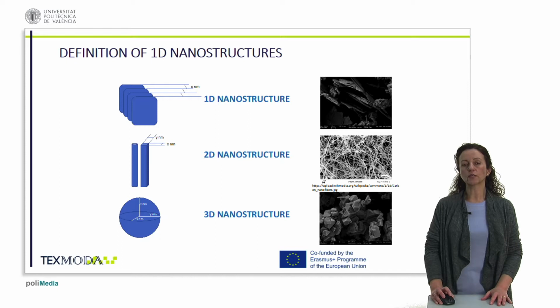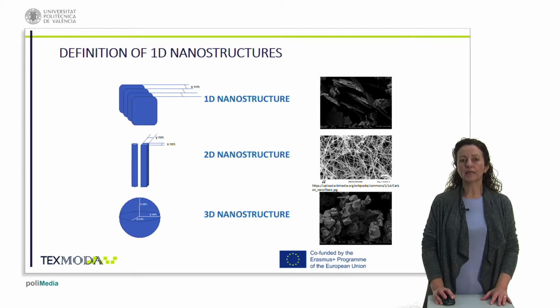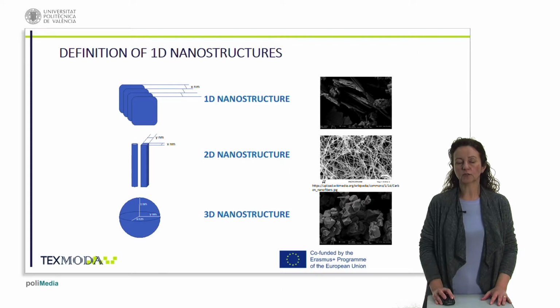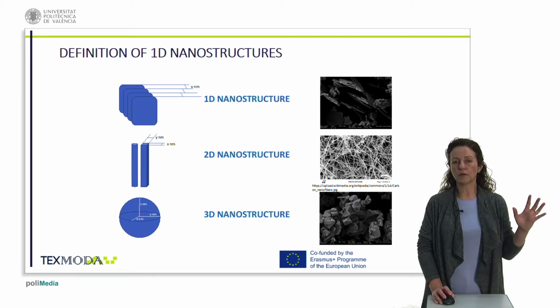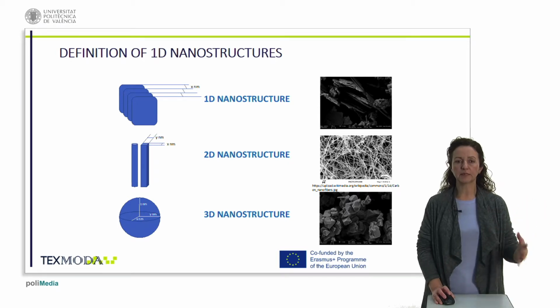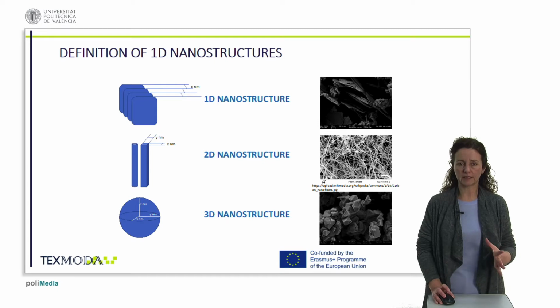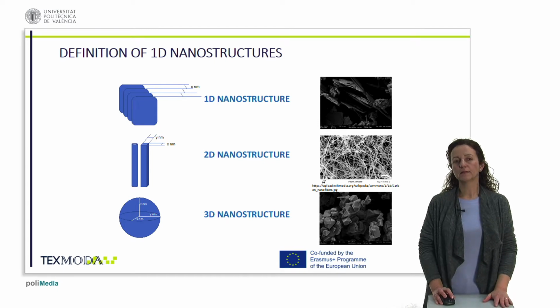Then, when we are talking about 2-dimension nanostructures, we are talking about nanostructures in which at least 2 dimensions are nanometric. In this case we would have a length which could be micrometric, millimetric, or even kilometric if we want, but the cross section of this tube would be nanometric.